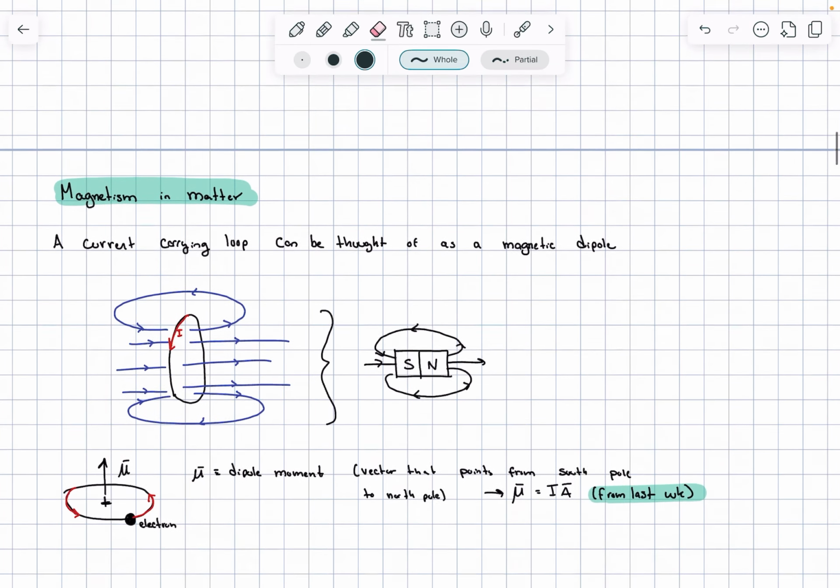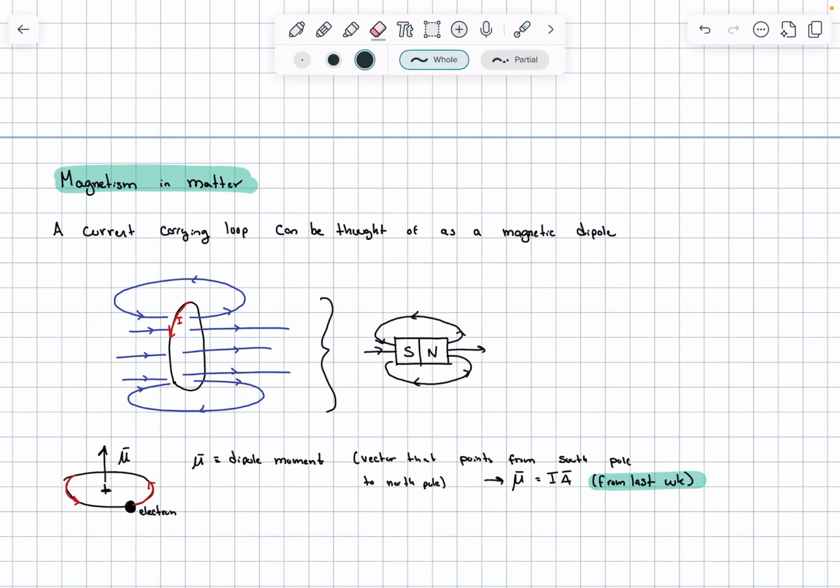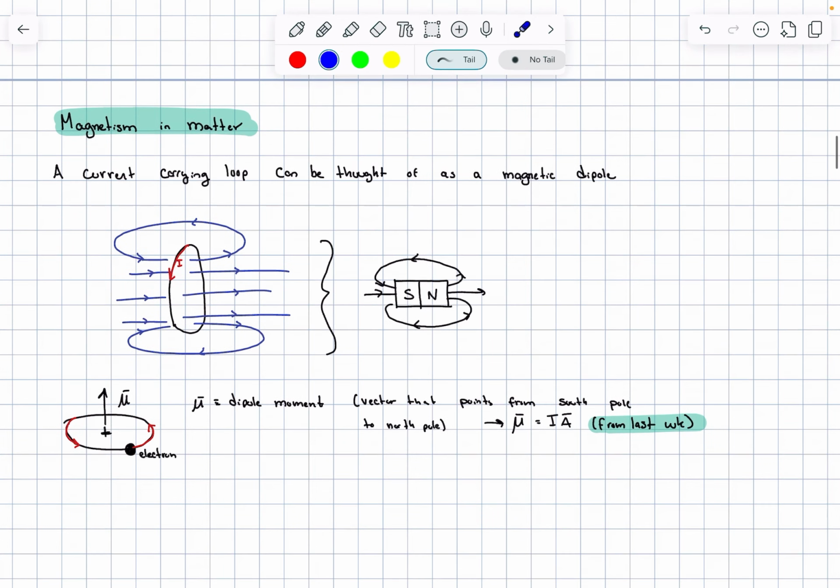So we're going to move on to magnetism in matter. We've already seen this last week, where we defined mu to be the dipole moment, which is just a vector that points from the South Pole to the North Pole, but it's also equal to I times A, where A is the area vector. So if we have the surface bound by this current, mu is in this direction.